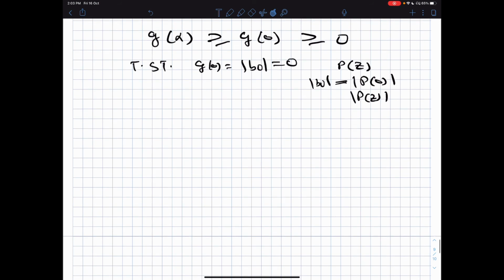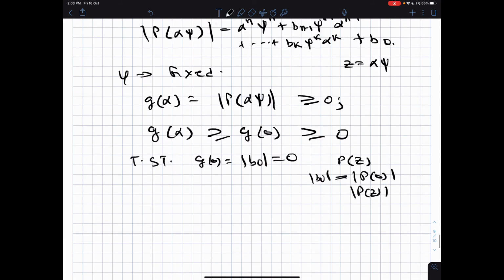So to prove that g of 0, which is modulus of b naught, should be equal to 0, this is what we want to write.